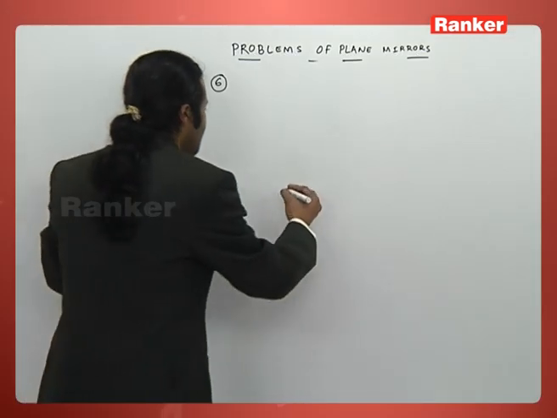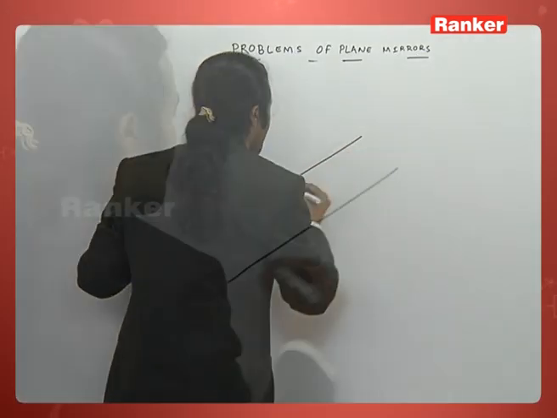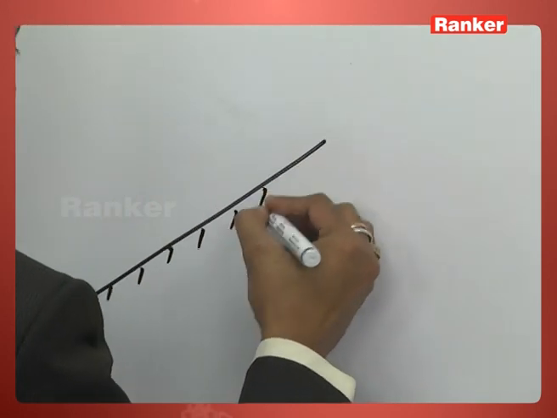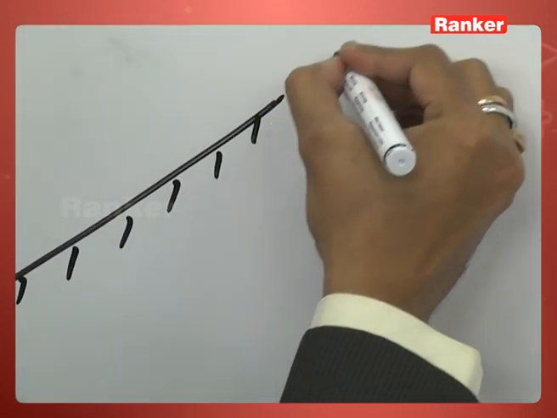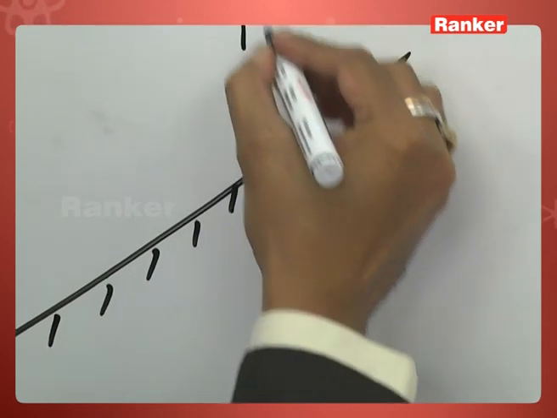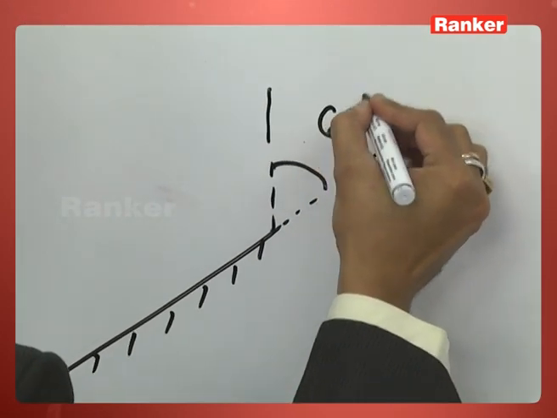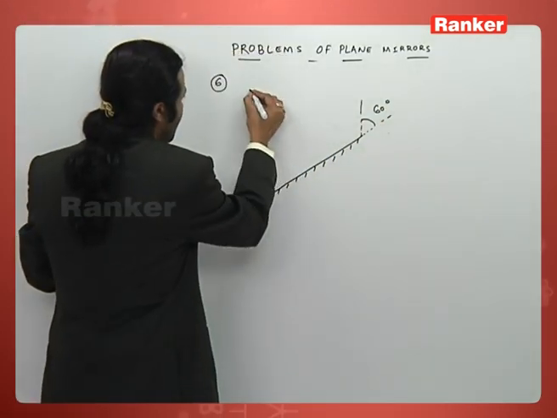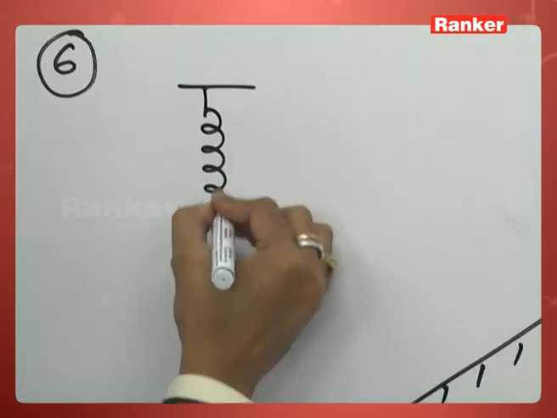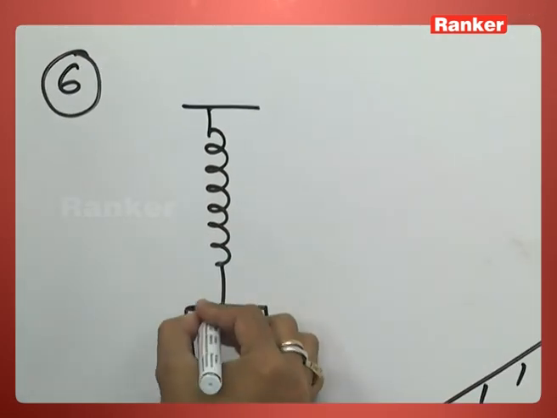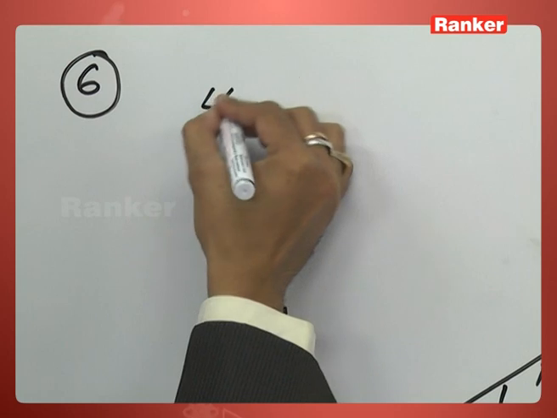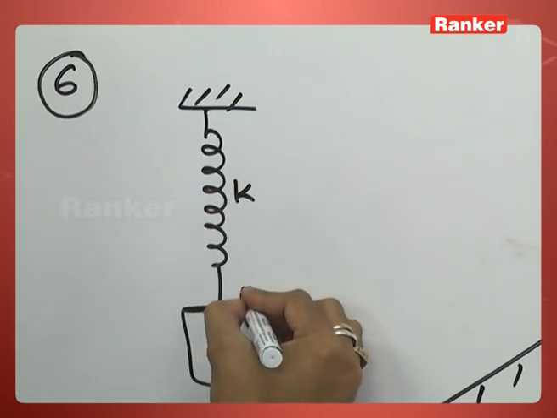That means here there is a mirror given, and this is a block. An insect somewhere lies here.